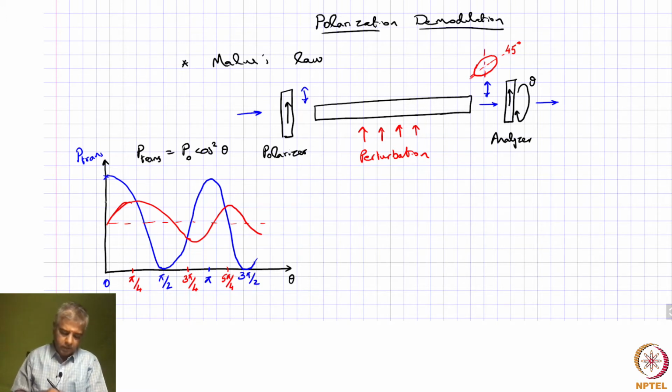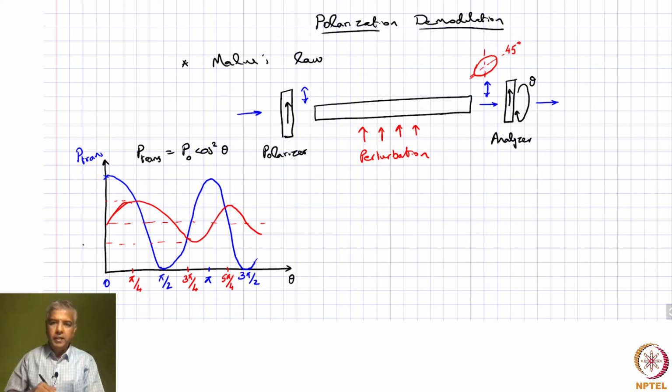Because your maximum and your minimum are not as high or as low compared to linear polarization, right? The minimum should be 0 for linear polarization, but in elliptical polarization, the minimum would still correspond to the intensity along the minor axis of the polarization, so it won't go to 0.